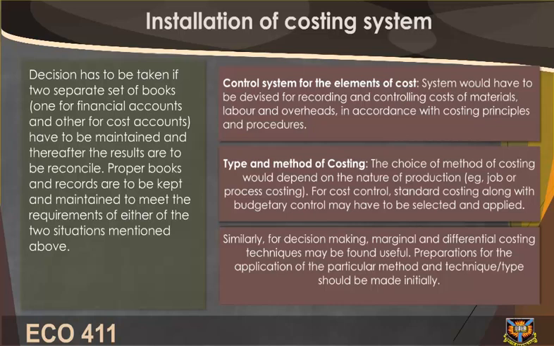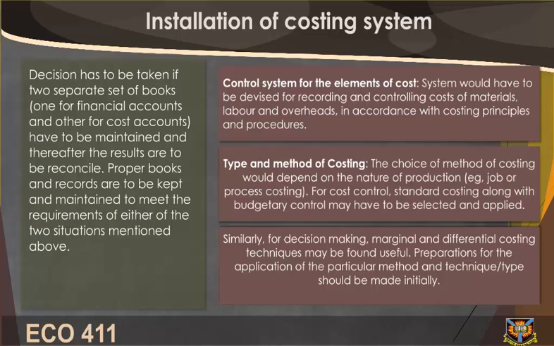Control system for the elements of cost. System would have to be devised for recording and controlling costs of materials, labor and overhead in accordance with the costing principles and procedures. Type and method of costing.